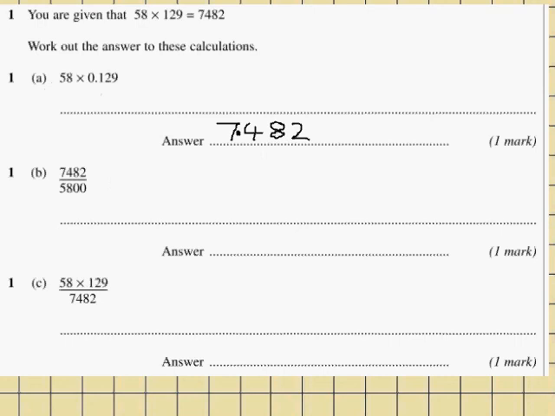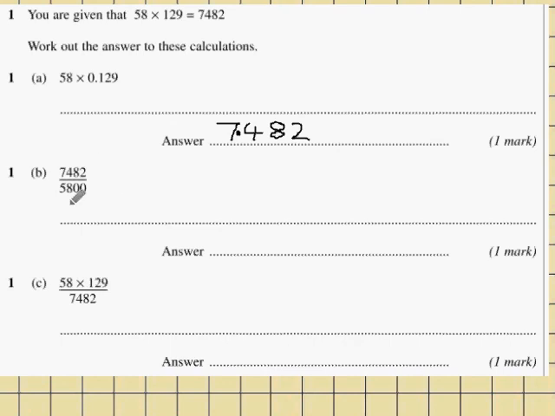Question 1 part B is a bit trickier. If you look at this, it is 7482 over 5800. Well, we're given 7482 up here. We're given 58, not 5800, so we need to change things a little bit.